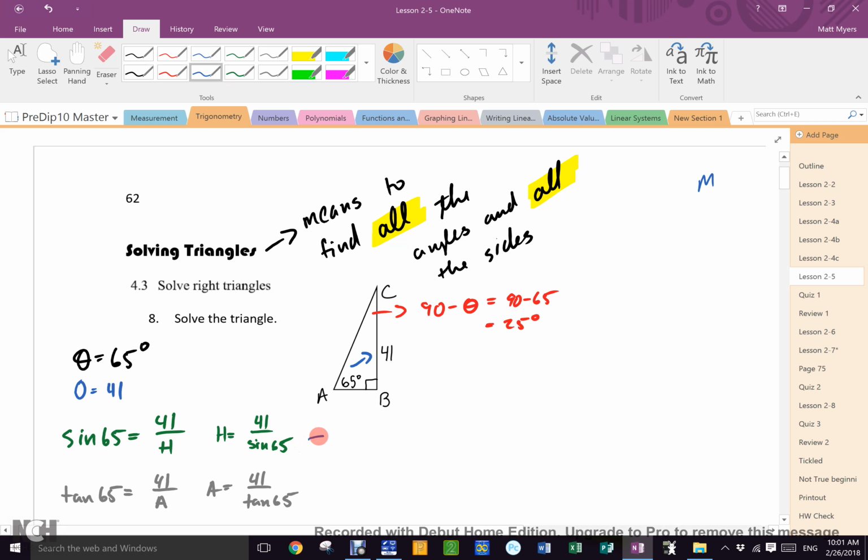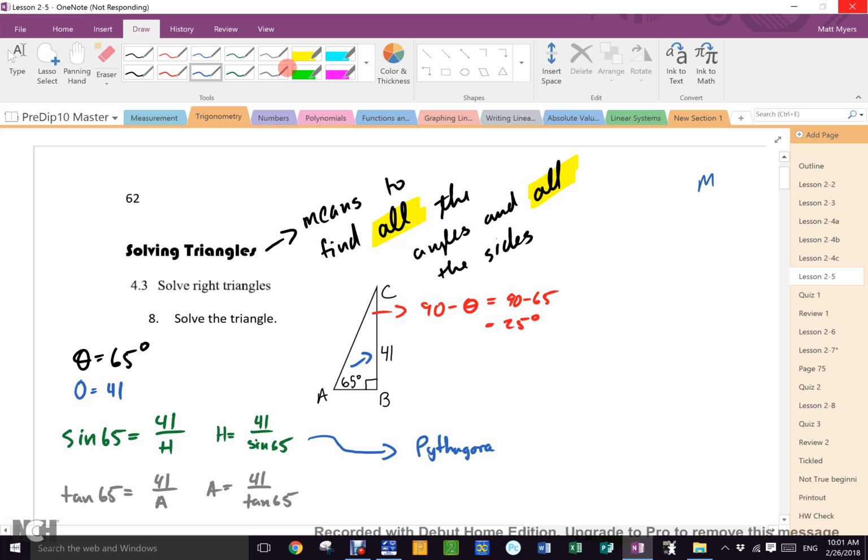Right here, once I know hypotenuse, could I go ahead and do Pythagoras? Could I? Sure. Once I know adjacent, could I go ahead and do Pythagoras? Yes. Is it right or wrong? Or neither?